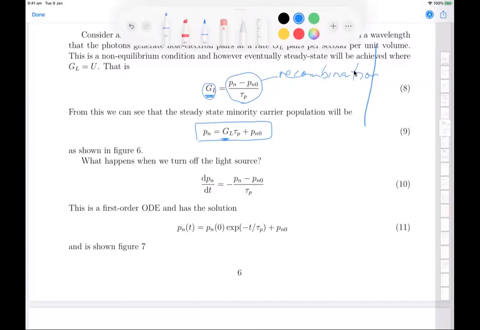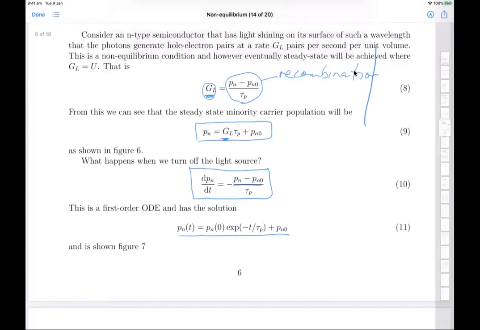So now the recombination is continuing to occur. And so the differential equation that describes that case is this. The rate of change of the population will depend on the rate of recombination. And the solution of this differential equation is given by this function here.